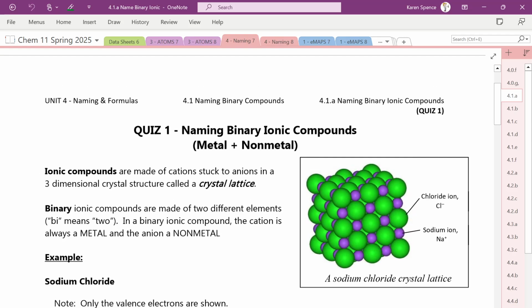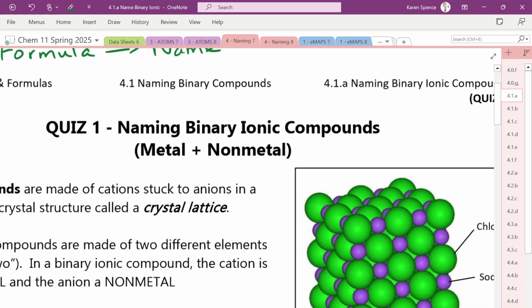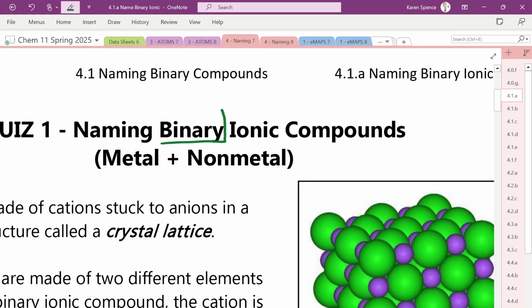So previously we went from the name to the formula, yes. Now we're going to go from the formula to the name. And we're going to start with the very easiest of them, okay? These are our binary ionic compounds. How many elements do you think these are made of? 2 elements.